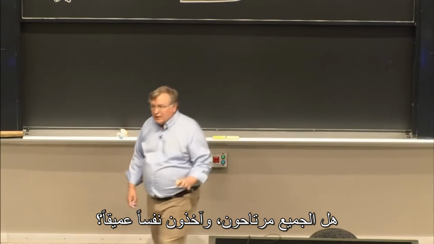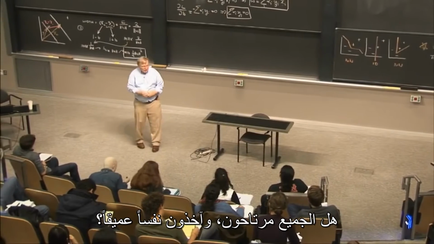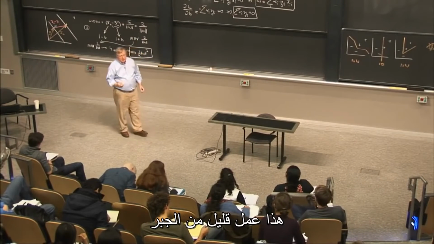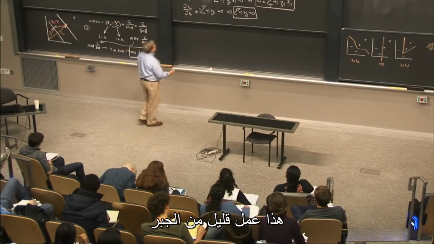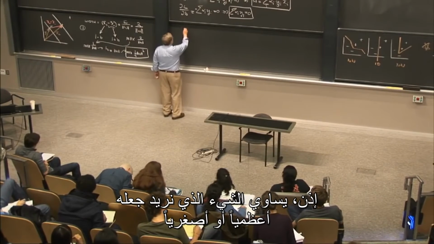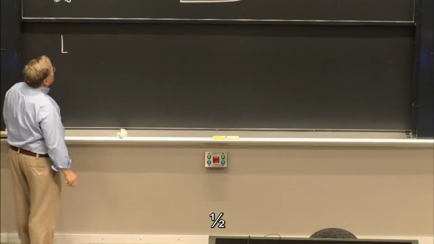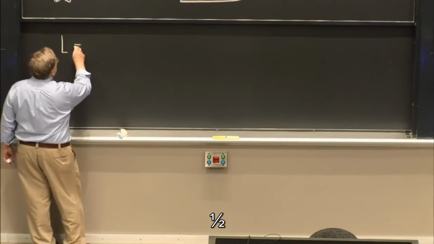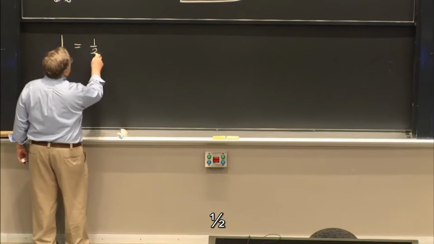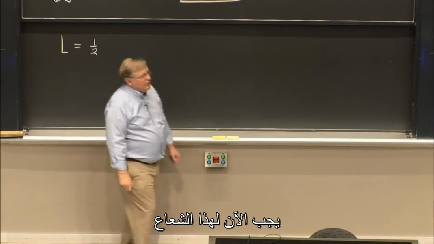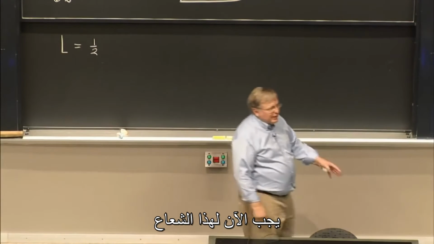Is everybody kind of relaxed, taking a deep breath? This is the easiest part. This is just doing a little bit of the algebra. So the thing we're trying to maximize or minimize is equal to 1/2, and now we got to have the magnitude of those.